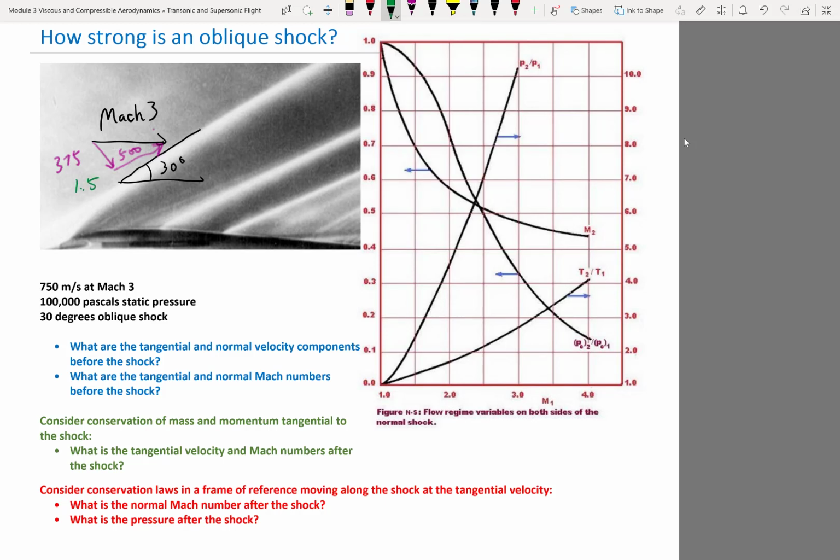In the tangential direction it is 1.5 times square root of 3, which is going to be what? 2.59, 2.6.